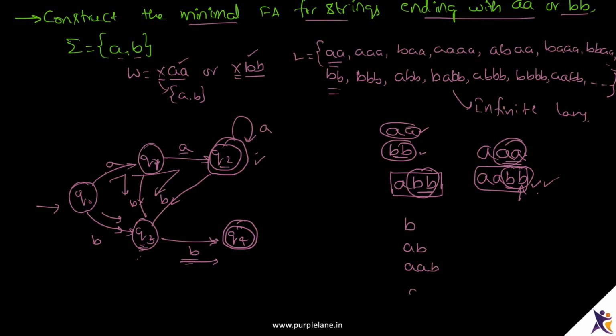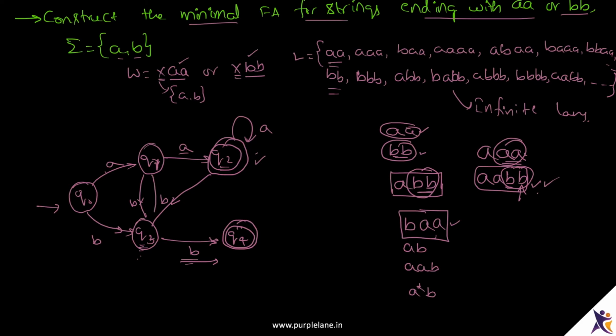For that matter, any number of A's followed by B. So if we see an A here at Q3, the machine thinks that this string might be ending with AA and goes to that state from where it can see one more A and reach the final state and accept this string if it ends with AA.